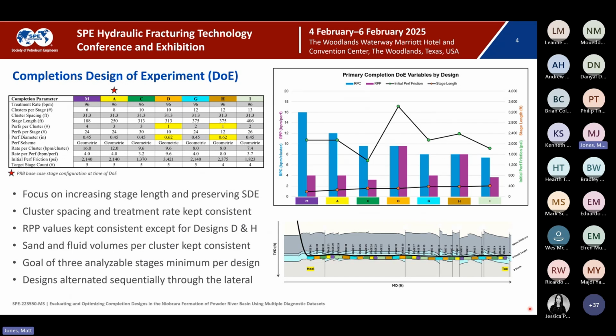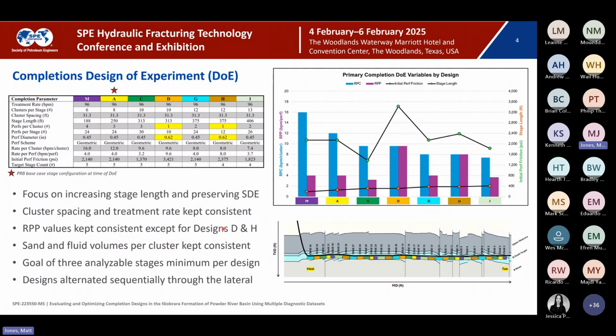We did intentionally keep certain variables consistent in this test. We kept cluster spacing and treatment rate consistent for all designs that were tested. We also kept the volume of sand and fluid per cluster consistent. So this is not a test on cluster spacing or stress shadowing. It's also not a test on volumetrics.